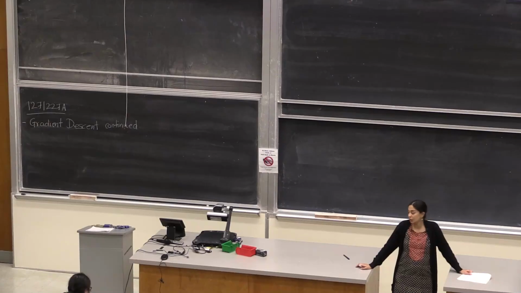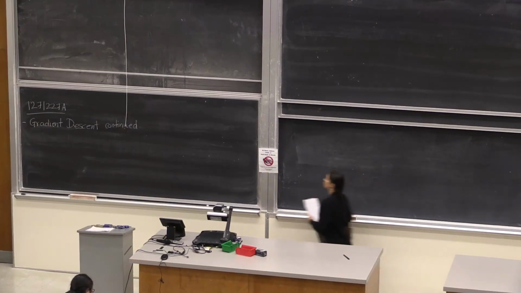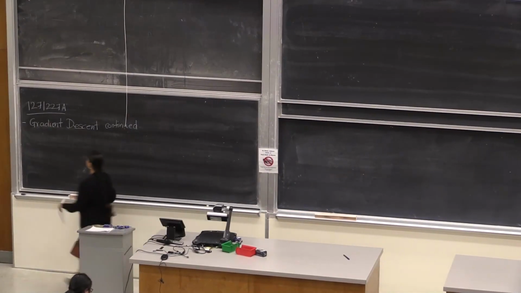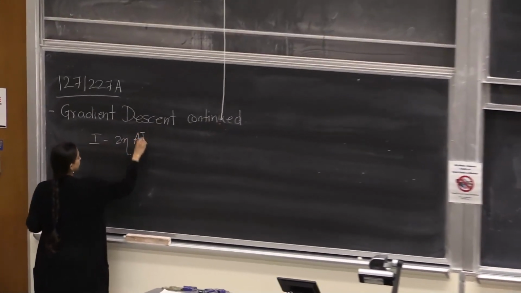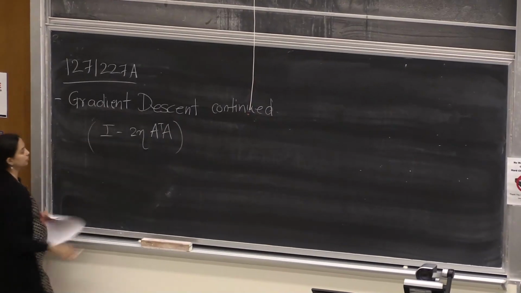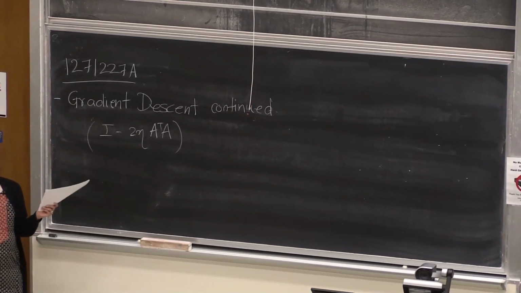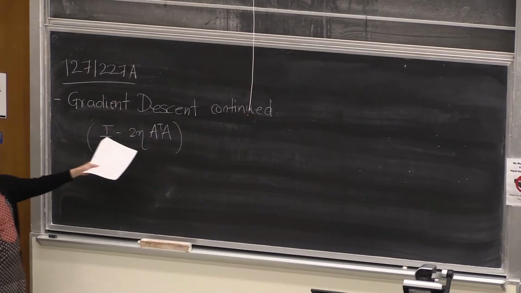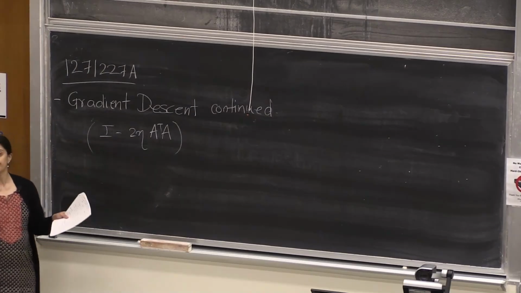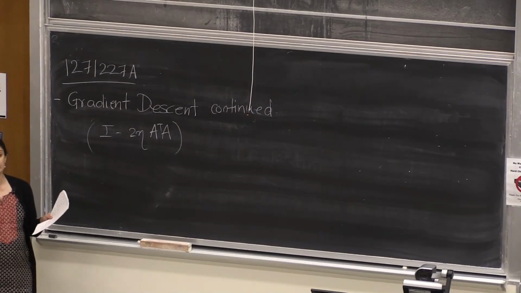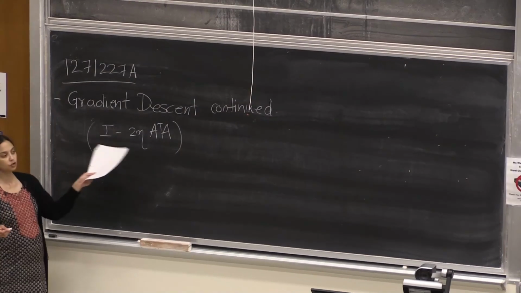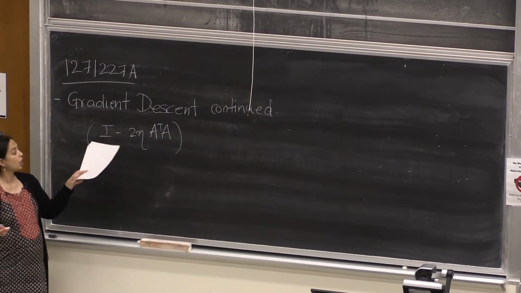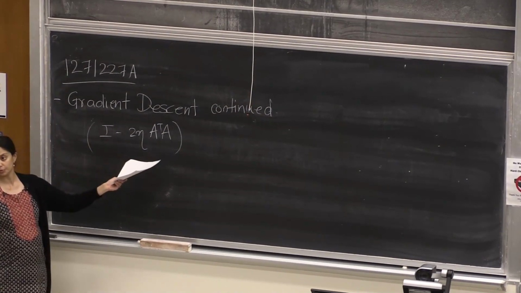And the special thing about that matrix is that this is a symmetric matrix, right? So identity is symmetric, A transpose A is symmetric, so this whole thing is a symmetric matrix, so we can easily understand its behavior based on its eigenvalues. And in particular, you can easily extract the eigenvalues of this thing based on the eigenvalues of A transpose A, right?